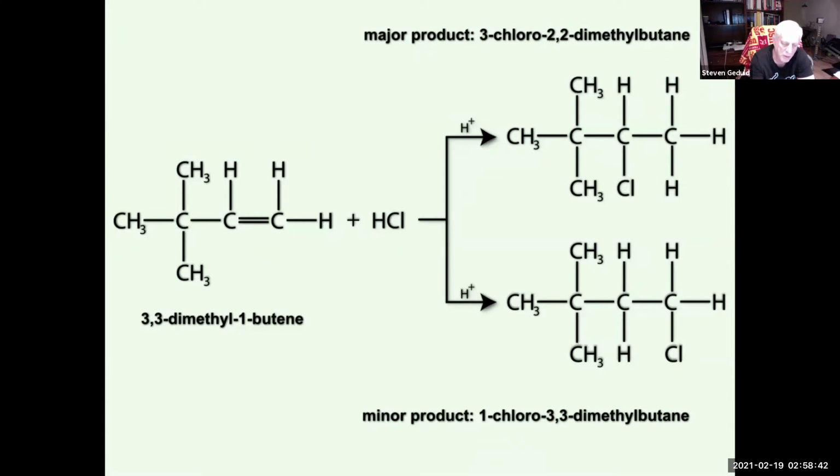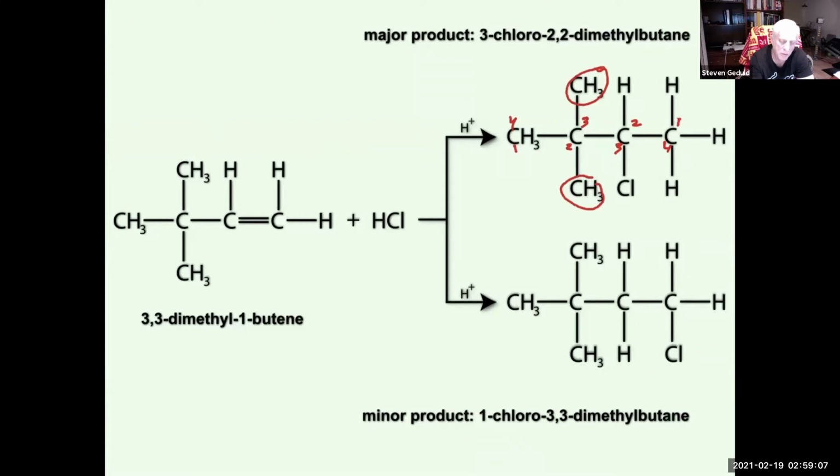So we can either go left to right, 1, 2, 3, 4, or right to left. If we number it left to right, the methyl groups get number 2 and the chlorine gets number 3. So there are 2 substituents that get the lowest number.